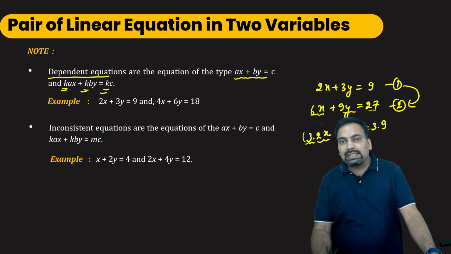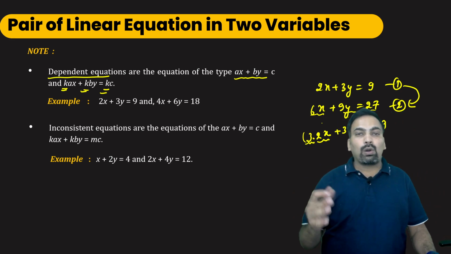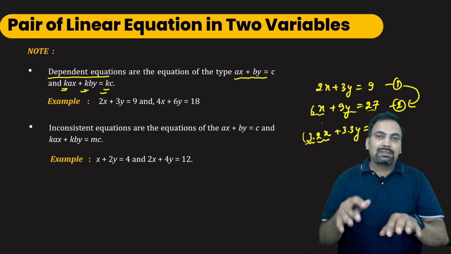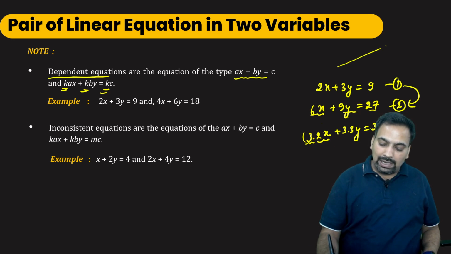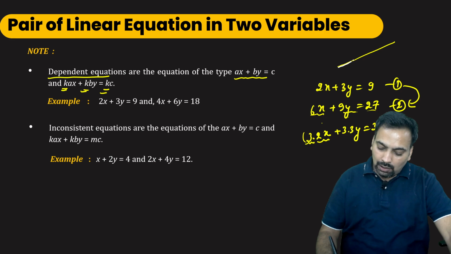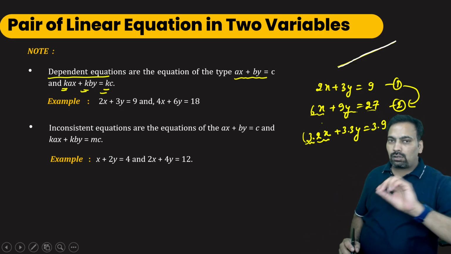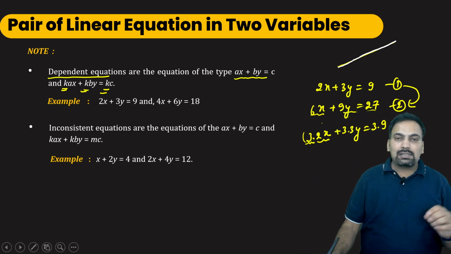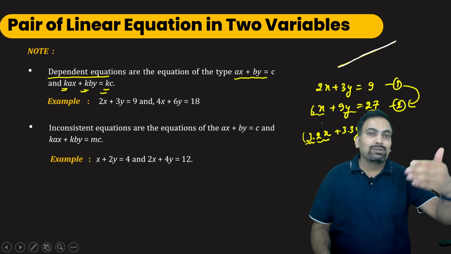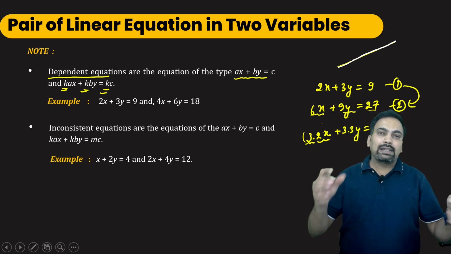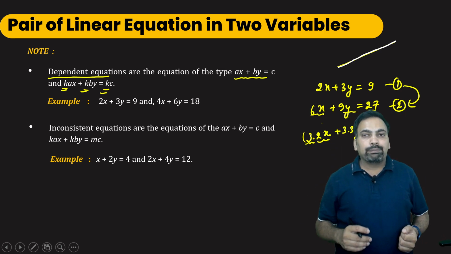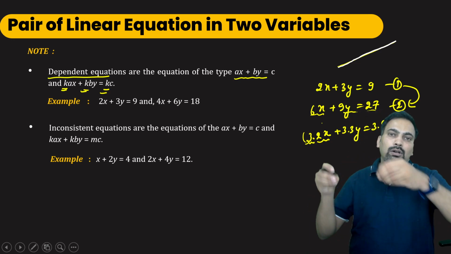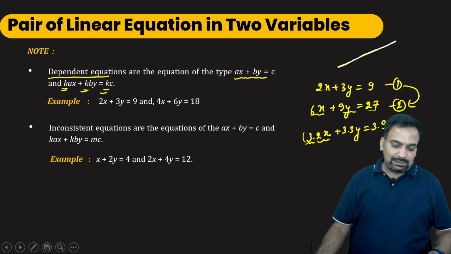These types of dependent equations, if you draw them on graph paper, they overlap each other. Overlap each other means a line over another line. You can easily draw the graph of a linear equation. Just put different values of x, you will get different values of y, and that x and y pair makes an ordered pair, or you can say a coordinate. You draw that coordinate on the graph and draw a straight line.